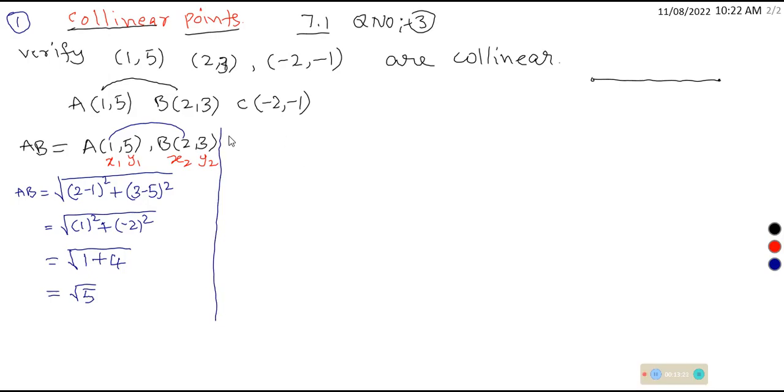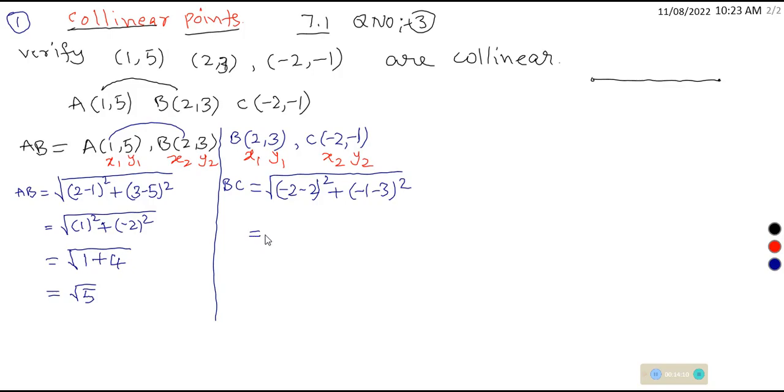Now let us see BC. B (2, 3) and C (-2, -1). For the BC distance, x1 is 2, y1 is 3, x2 is -2, y2 is -1. So root of (x2 minus x1) whole square, that is (-2 minus 2) whole square, plus (y2 minus y1), that is (-1 minus 3) whole square.